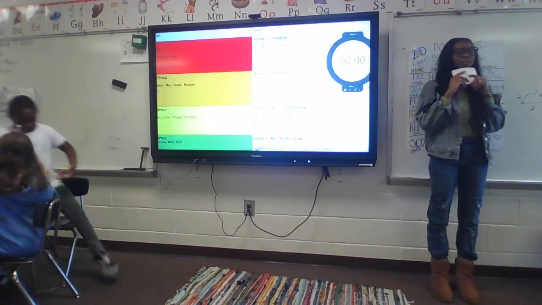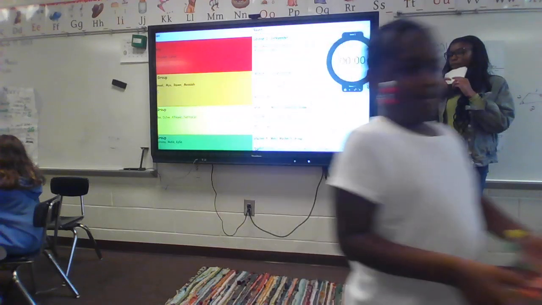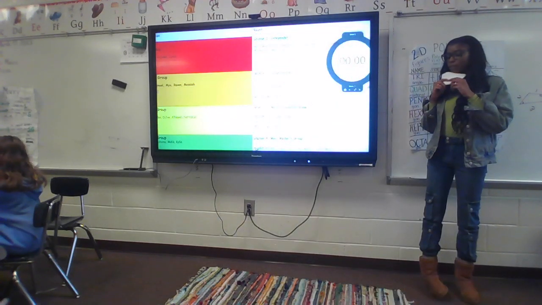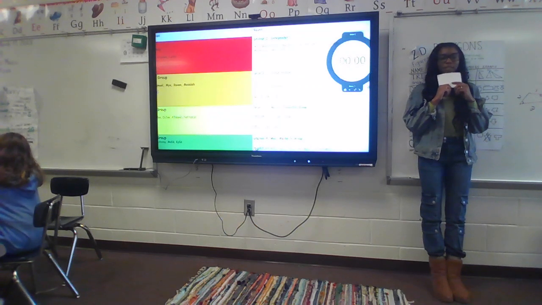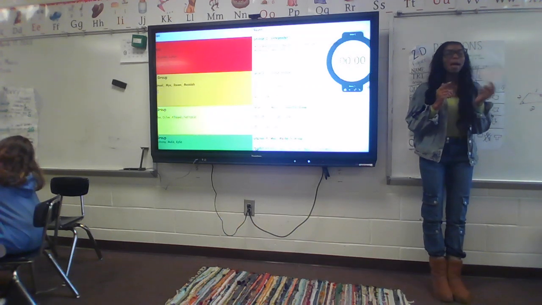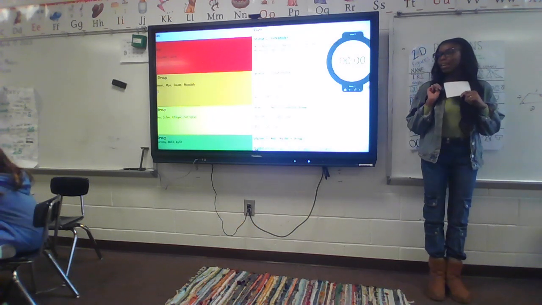How many sides does a triangle have? Malik? It has 3 sides. How many vertices does a triangle have? It has 3.